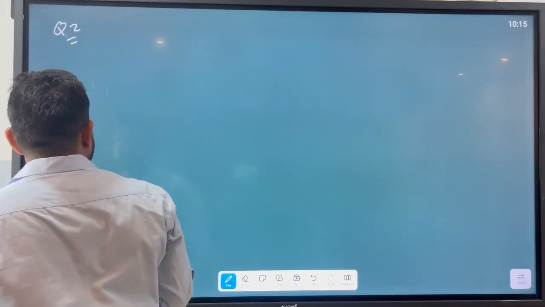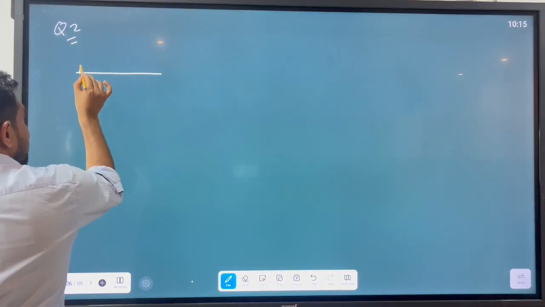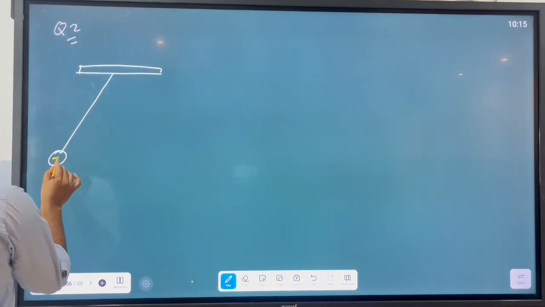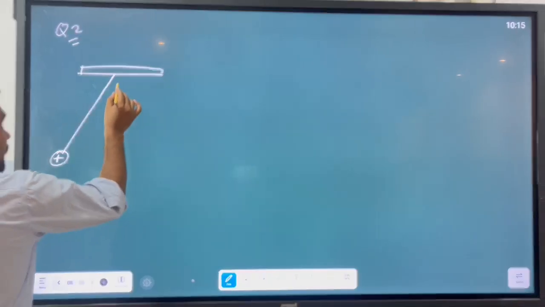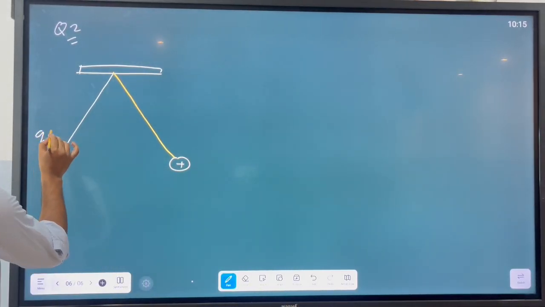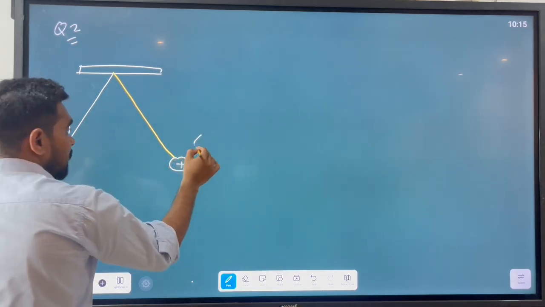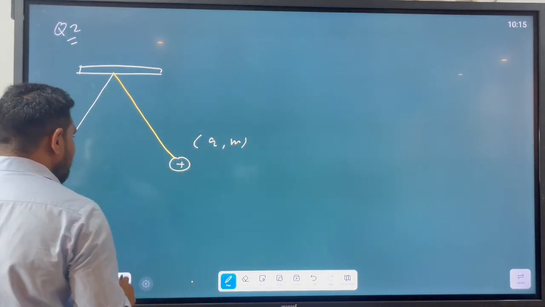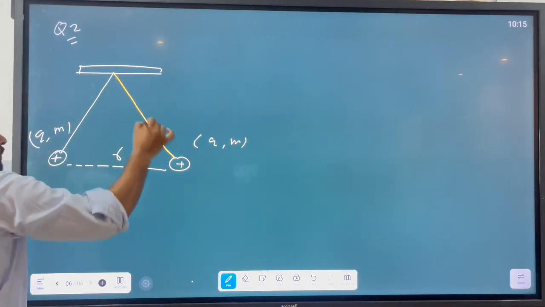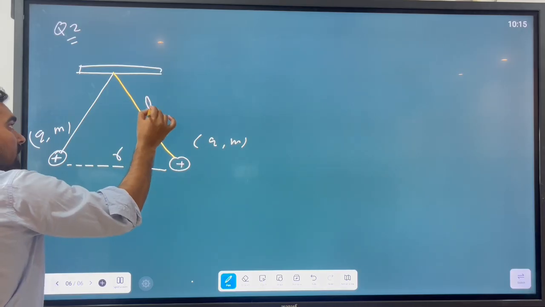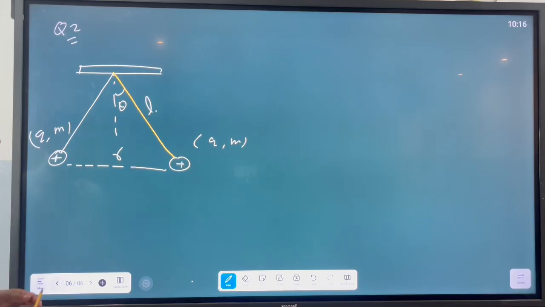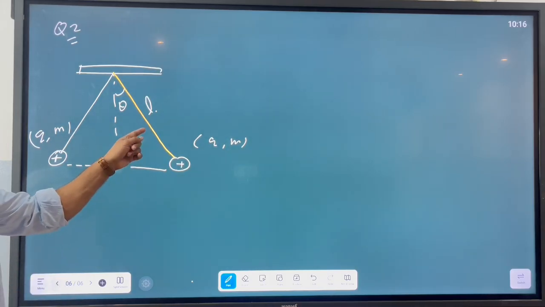Question two. Suppose two charged balls are like this, the first positive and the second positive. Each has charge q and mass m. The separation distance between both charged balls is r, the length of the string is l, and this is the angle theta. Find the value of the tension force on the string.